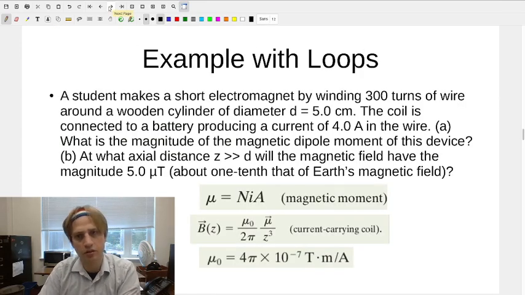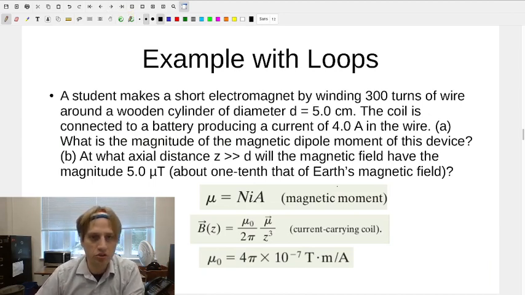So let's do a quick example of this. It says a student makes a short electromagnet by winding 300 turns of wire around a wooden cylinder of diameter 5 centimeters. So here our N is 300. That's how many times the wire goes around.